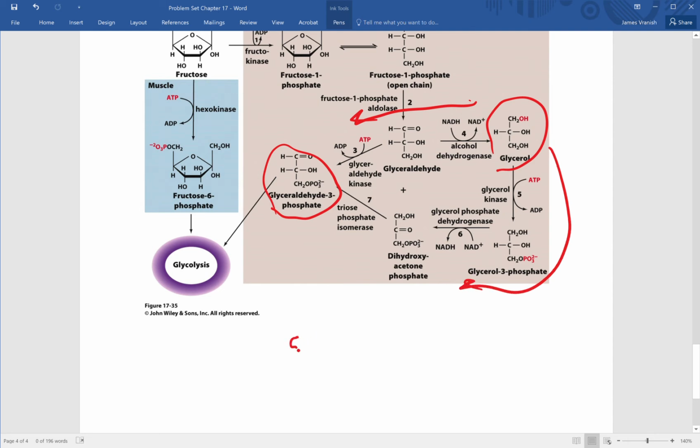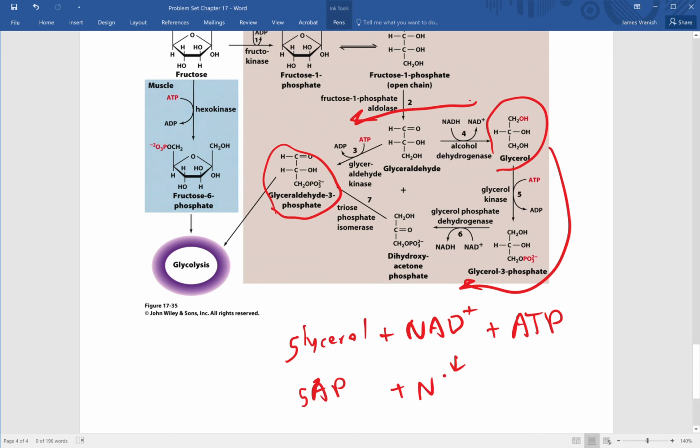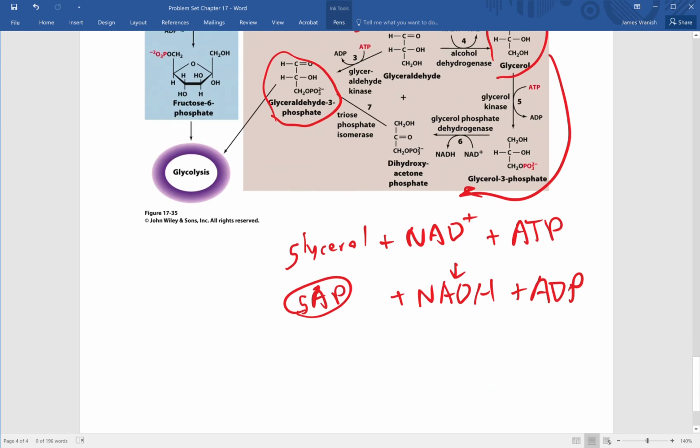The net reaction basically is our glycerol getting added to NAD plus and to ATP, and the product ends up being glyceraldehyde 3-phosphate and NADH and ADP. So we're now into glycolysis here with glyceraldehyde 3-phosphate.